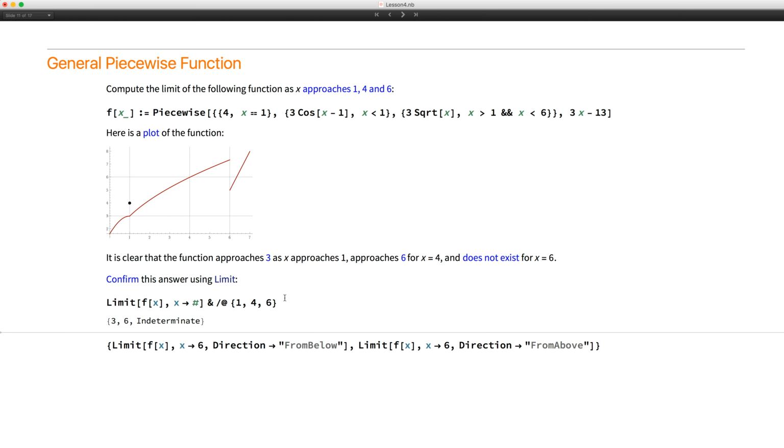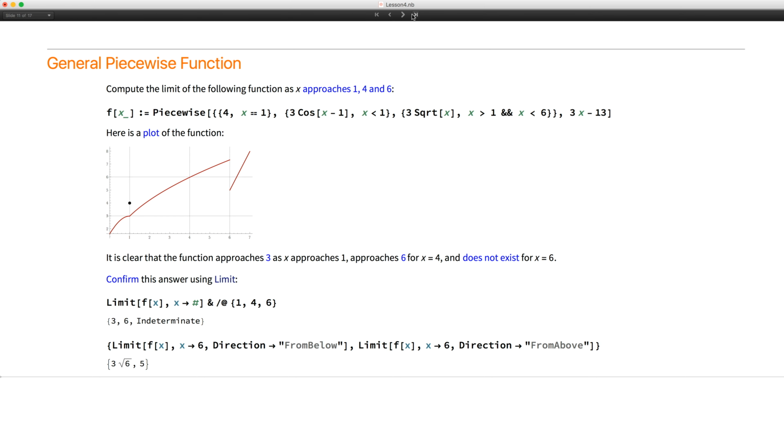Now, this strange thing over here is what we call a map function, which actually lets you find the values of the limits at different points in one stroke. And you can confirm that at 6, you actually have separate limits on right and left by doing the direction computation, and you get back different answers. So surely the limit does not exist at x equal to 6.